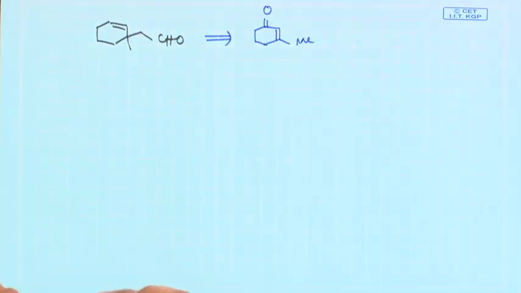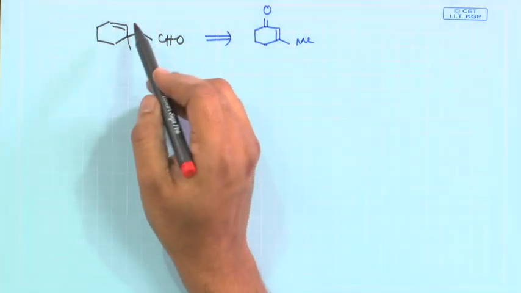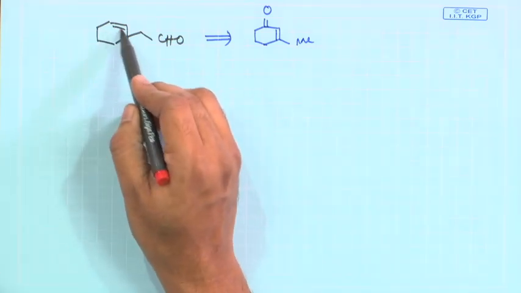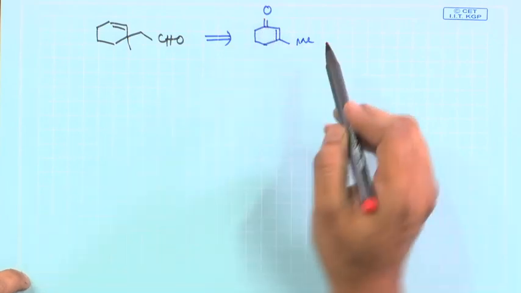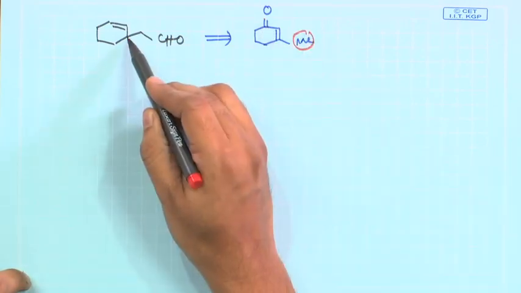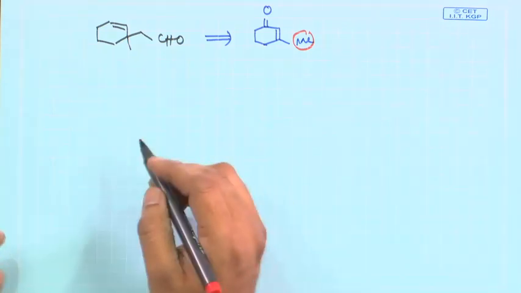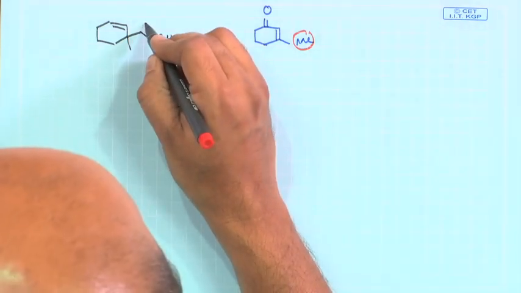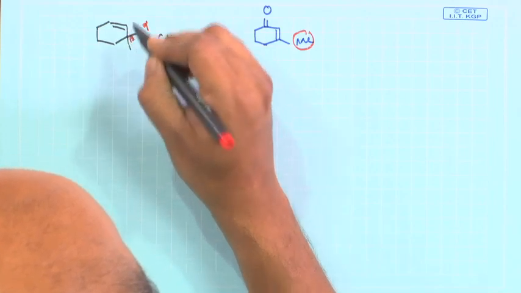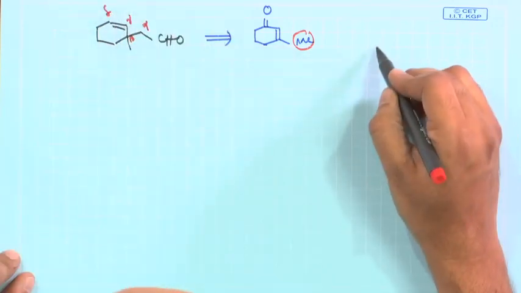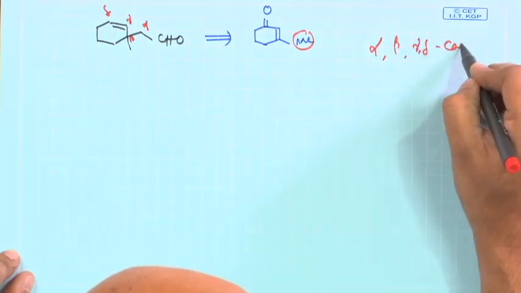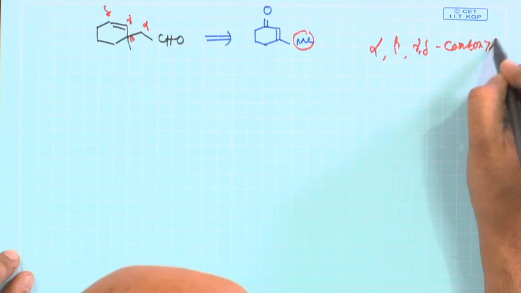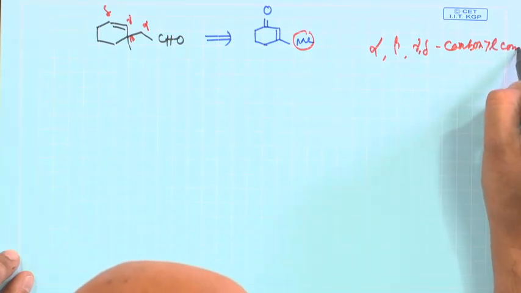Do a close analysis. What groups are available to you? You have an olefinic bond here, an alpha beta unsaturated carbonyl, and a methyl. This compound is an alpha, beta, gamma, delta unsaturated carbonyl compound. That was the functional group analysis, carbonyl compound.